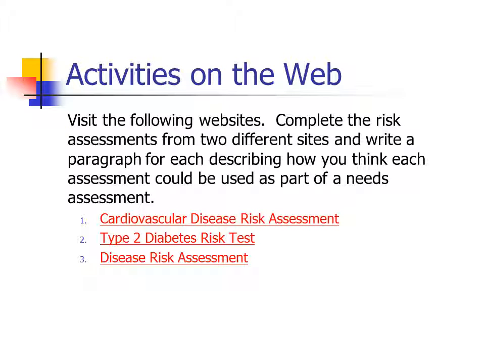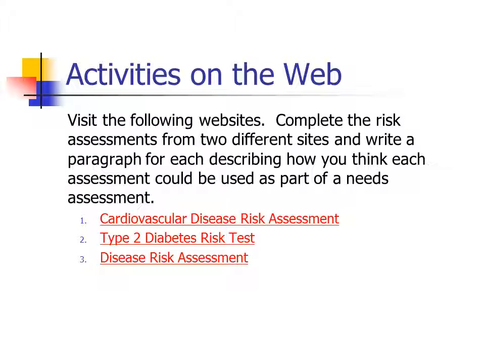All right, so I mentioned before that health risk appraisals can be an important source of primary data. Here's a few websites for you to go and play around with if you wanted to determine what your risk of cardiovascular disease or your risk of type 2 diabetes is. You can go to those websites and take a little assessment.